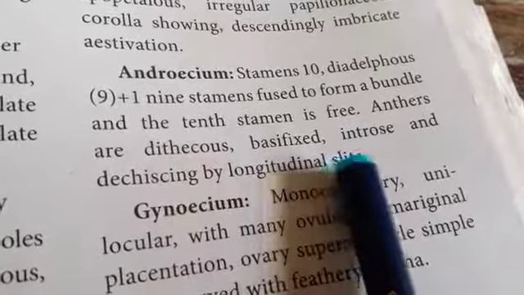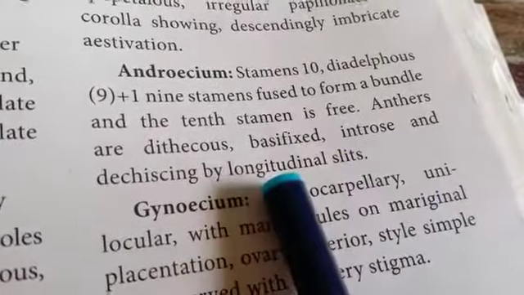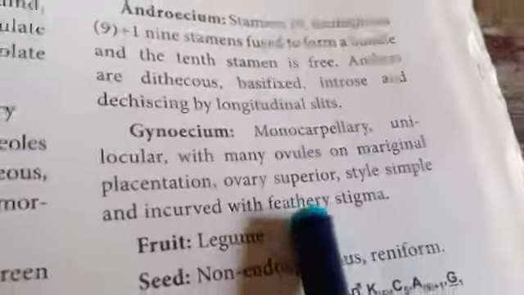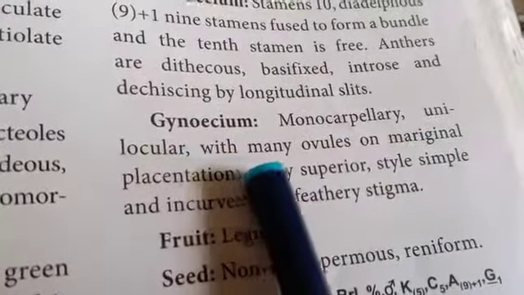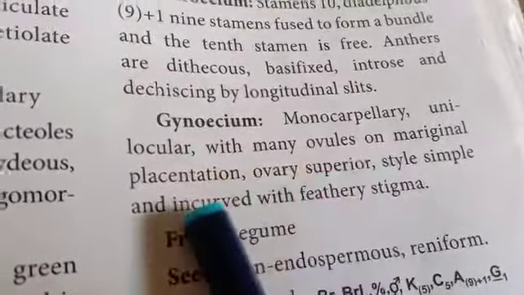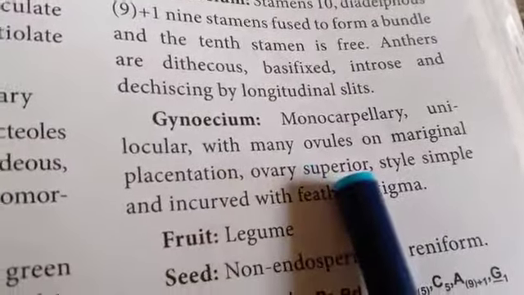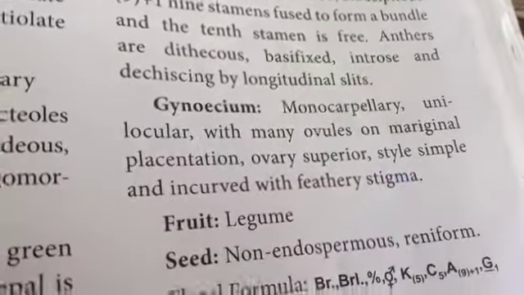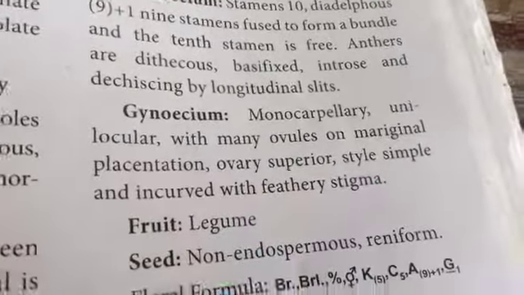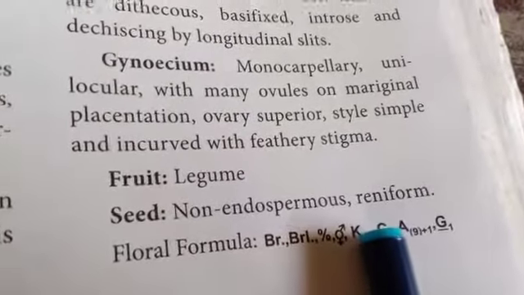Anthers are dithecous, basifixed, introrse and dehiscing by longitudinal slit. Gynoecium, monocarpellary, unilocular with many ovules on marginal placentation, ovary superior, style simple and incurved with feathery stigma. And fruit is a legume, seed is non-endospermous, reniform.